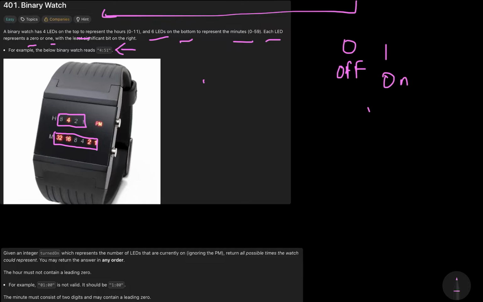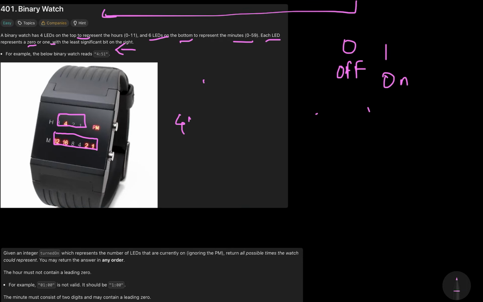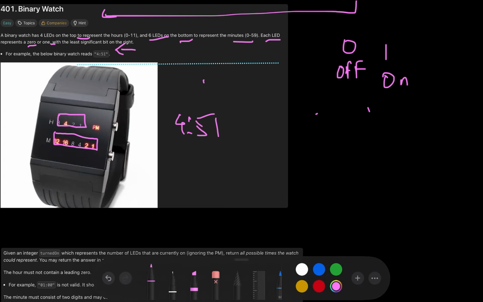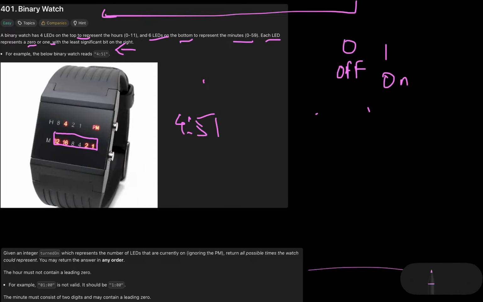So for example, this watch is showing 4:51. We can see here that the 4 LED is on, so the hour is 4.